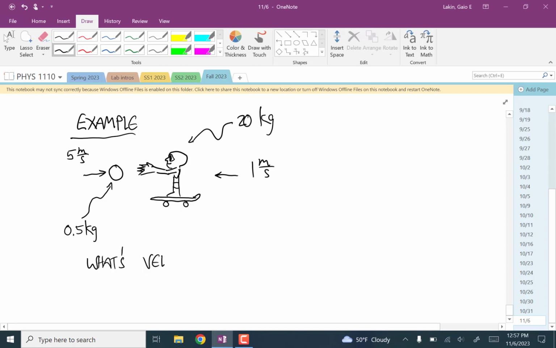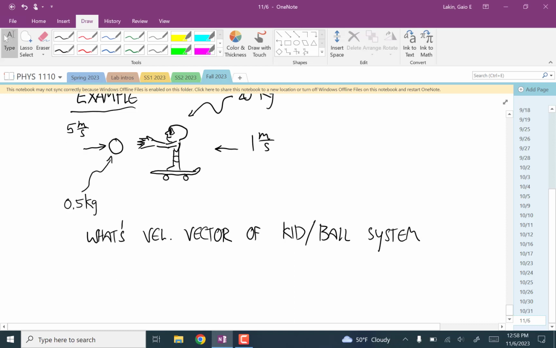What's the velocity vector of the kid and the ball system and skateboard after he catches it?